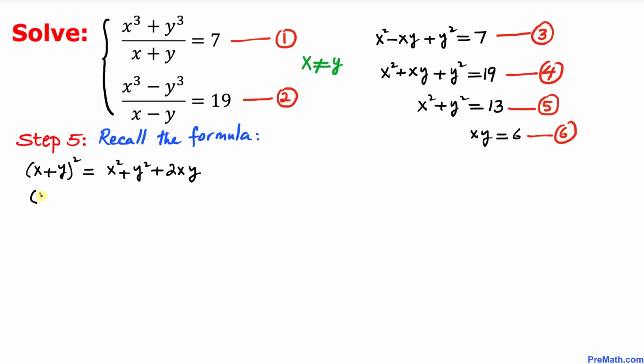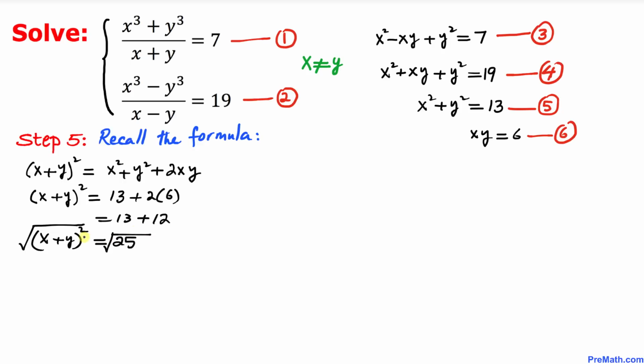So x plus y squared is 13 plus 2 times 6. So we got 13 plus 12. That means x plus y square turns out to be 25. Let me undo this square. Take the square root on both sides. This square and square root is gone. So that means our x plus y value turns out to be positive or negative 5.